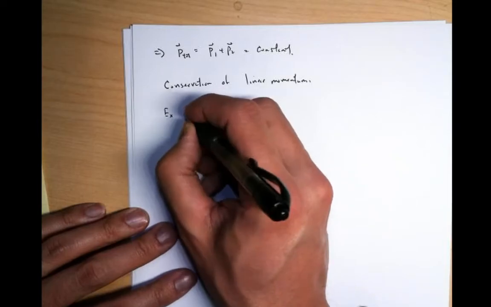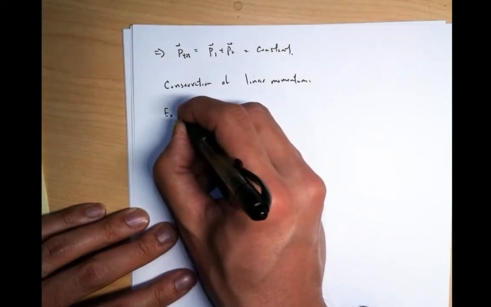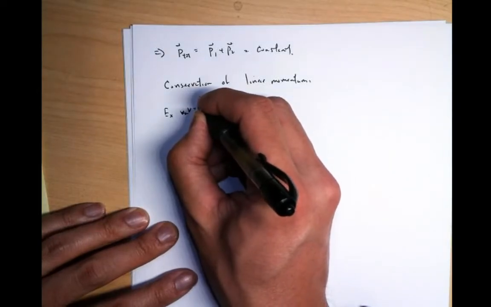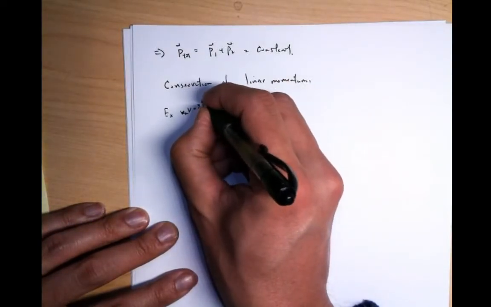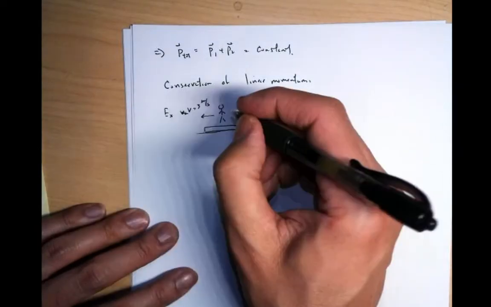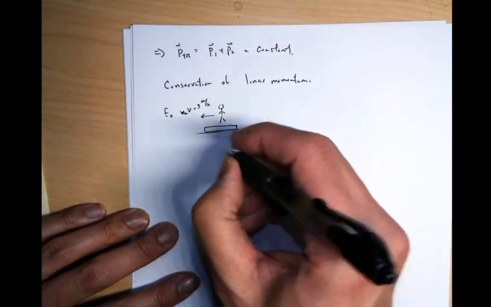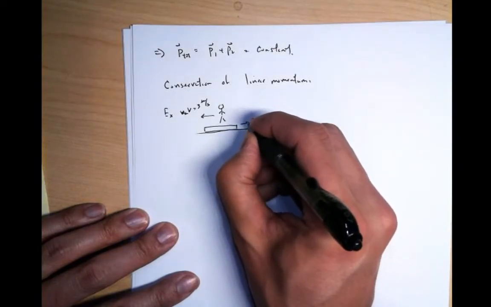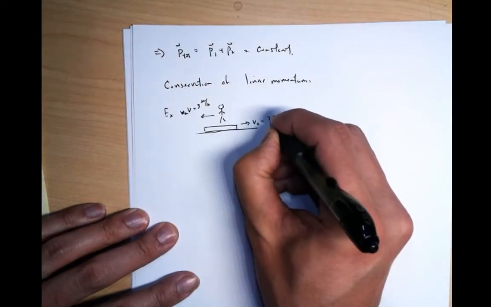And basically jumps off at 3 meters per second. So V is equal to 3, is that right? Yeah, meters per second. All right, to basically start running and just jump off, right? So the question is, what velocity does the sled move at?